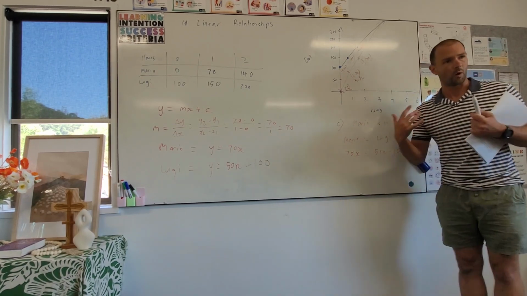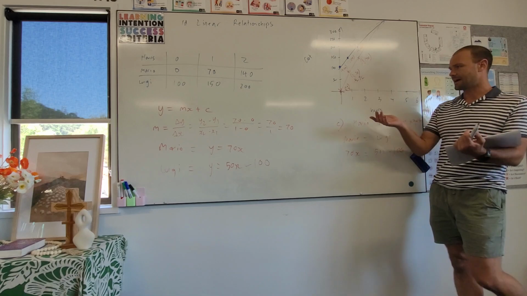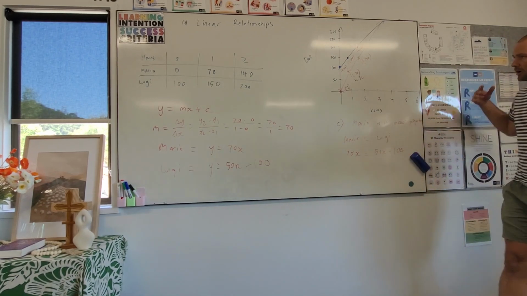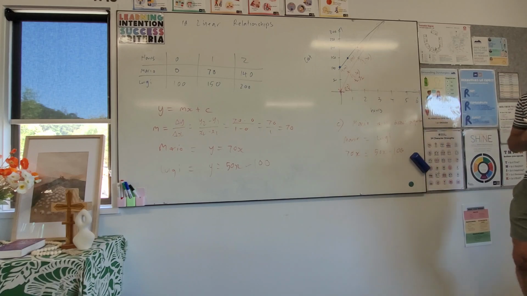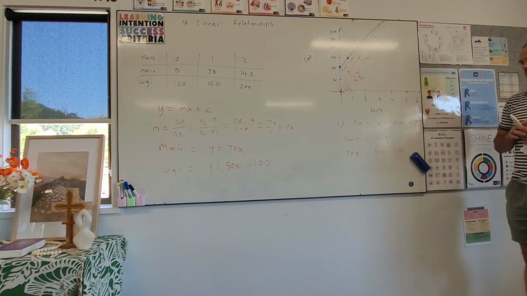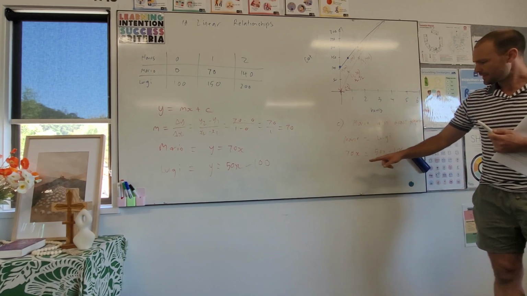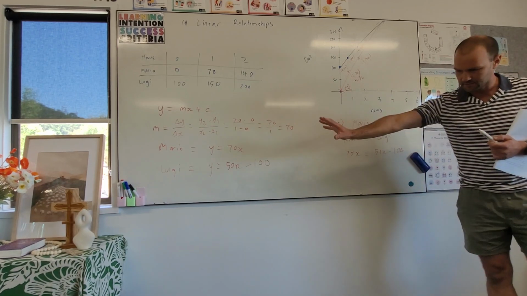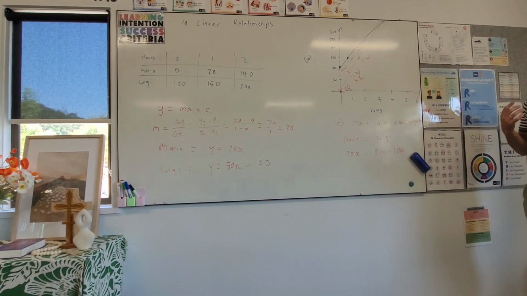We've got the hours on our x-axis. We want to know how many hours until they intersect. If we're solving this equation for x, we want to put all of the x's on one side and all of the numbers on the other side.